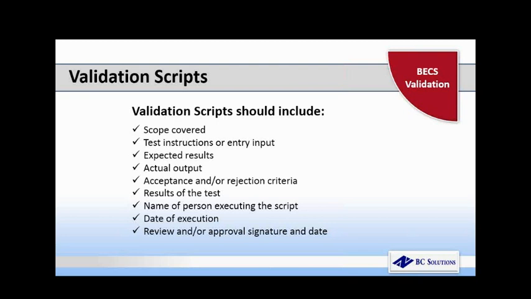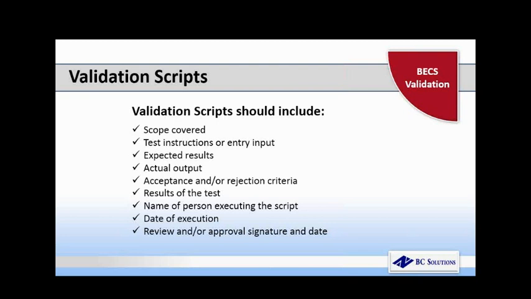What kind of test scenarios are you running in this script? There should be test instructions or entry input, and that's just the information that you're entering into the system. What is the data to be entered? What are the keystrokes to be used? What details are you actually inputting into the system?